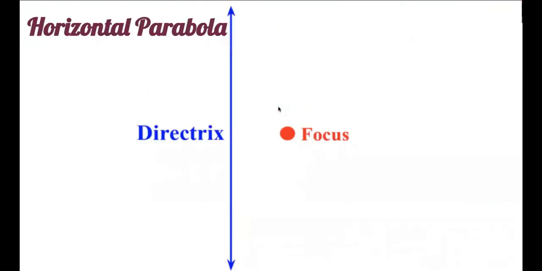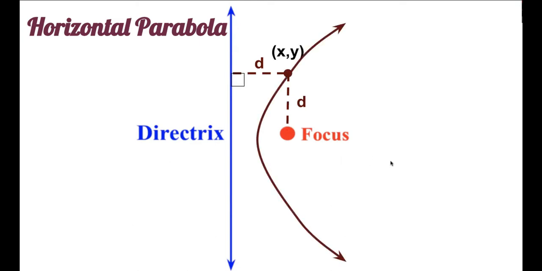Similarly, we can do that with a horizontal parabola. We have our directrix, and notice that the directrix is vertical this time, and our focus is either on the right side or on the left side of the line. We do our distances that are perpendicular from the directrix, the same distance from the focus, and we create all those points, making our parabola. They're equidistant.